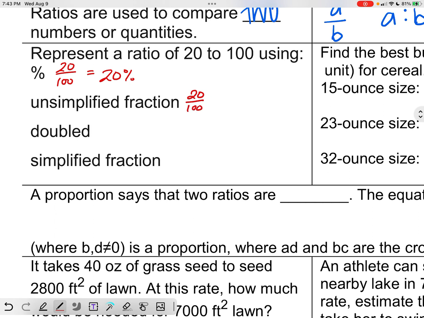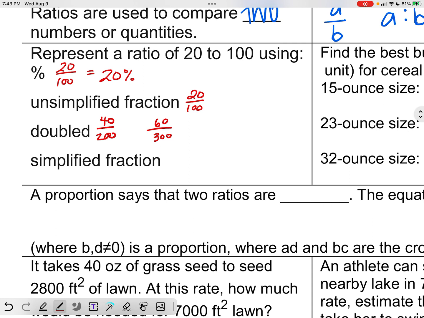If I multiply both the numerator and the denominator by 2, it's also called a scalar, I would get 40 over 200. I could triple the value, meaning multiply by 3: 20 times 3 is 60, 100 times 3 is 300. But you're just finding equivalent rates.